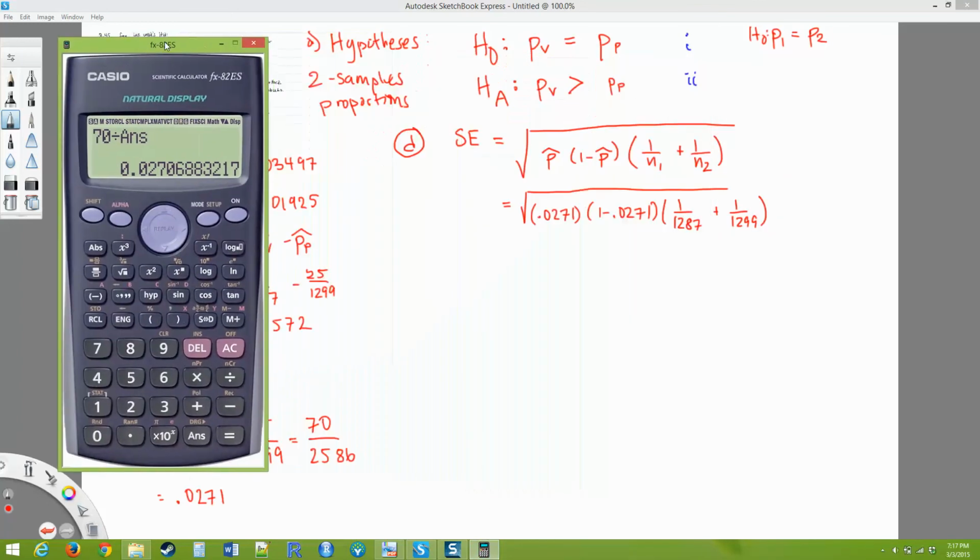Notice in my calculator, I already have 0.0271 on my screen. Whenever I hit answer, it's going to pull up this number. So I'm going to do this calculation just by using the answer key.